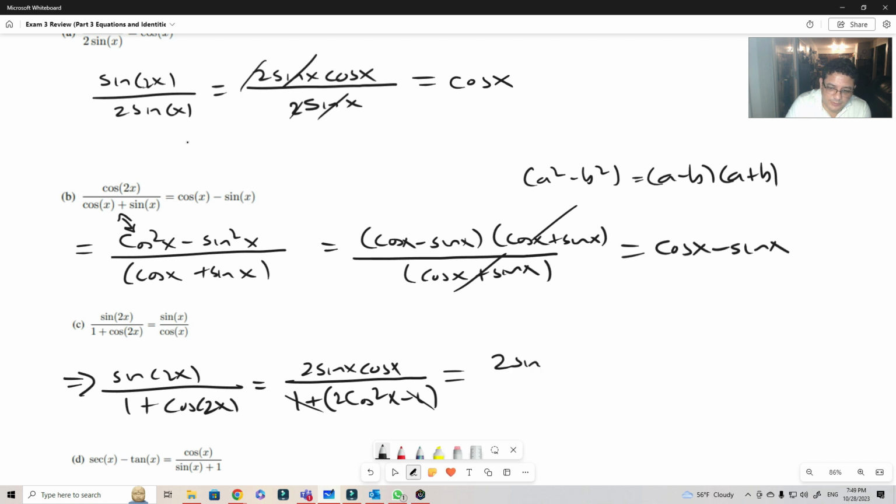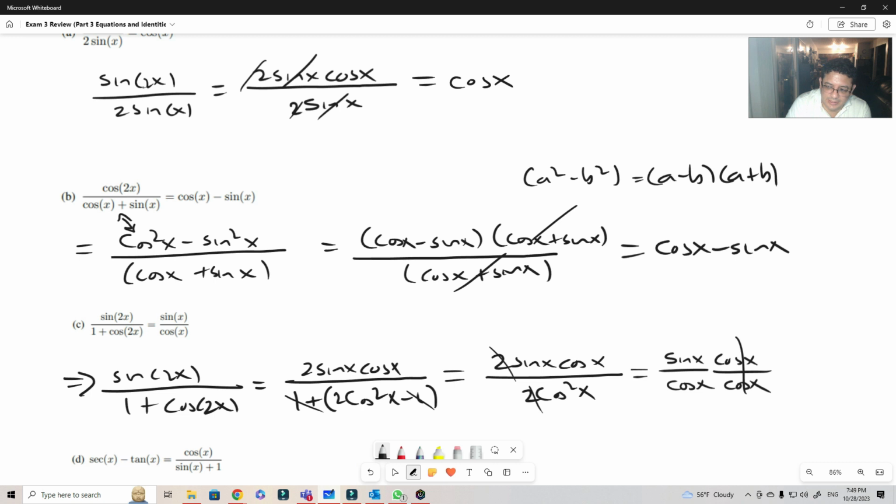I'm going to have 2 sine of x cosine of x over cosine square of x times 2. So now the 2 gets to be canceled with the 2, and I get sine of x cosine of x, and I can split apart that cosine square as cosine of x times cosine of x.